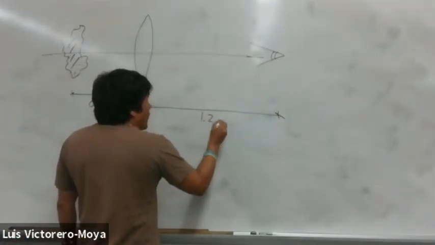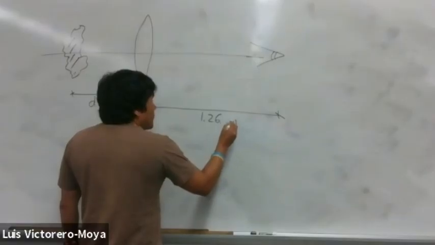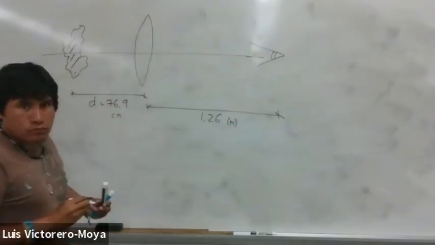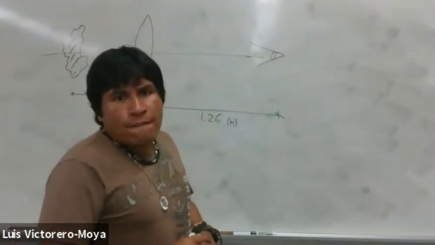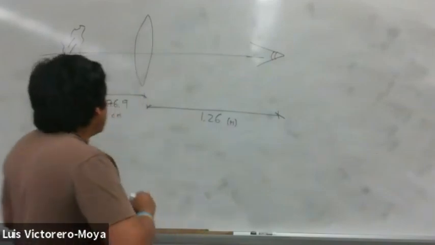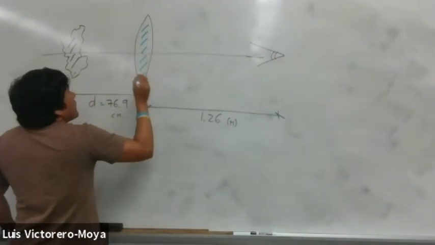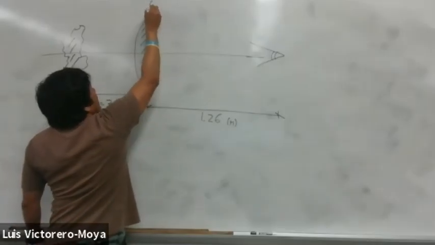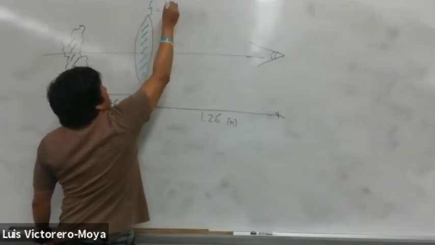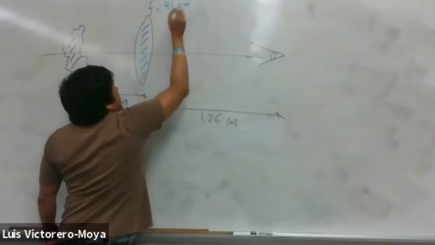Be careful, look how they're combining the units, meters, centimeters. The focal length of the lens is 41 centimeters. So this lens has a focal length of 41 centimeters.